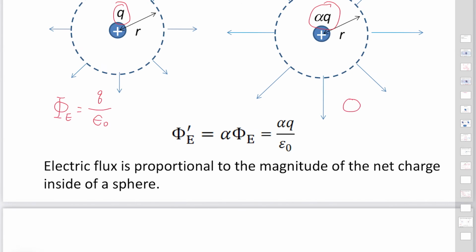But in the other case, phi sub E prime becomes alpha Q over epsilon naught. You can find a different electric flux due to the different charges. The electric flux is proportional to the magnitude of the net charge inside the sphere. So we discovered the electric flux is independent of the radius of the sphere, but it is dependent on the charge inside the sphere. Okay, this is the end of the first session.